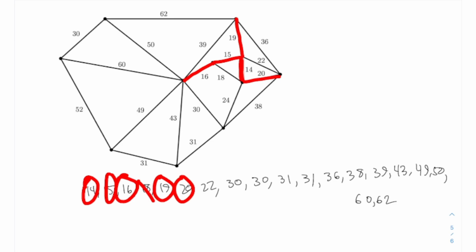Next is 22, which is going to make a loop, so I don't take the 22. Next is 30, which is here, which I can include. And there's another 30 over here, which I will include, all right? Is anyone concerned that this 30 over here isn't even touching the rest of the stuff? Oh, everybody has questions. I forgot to record.